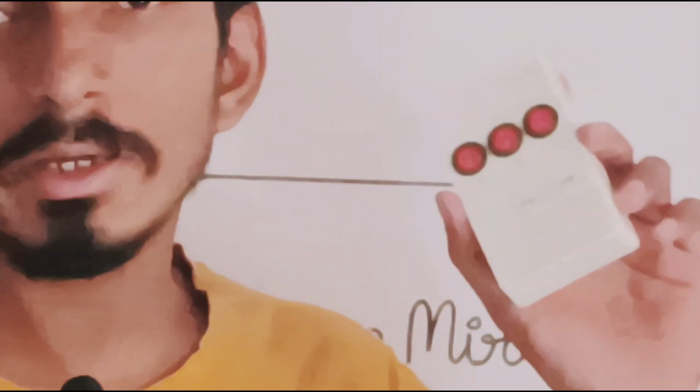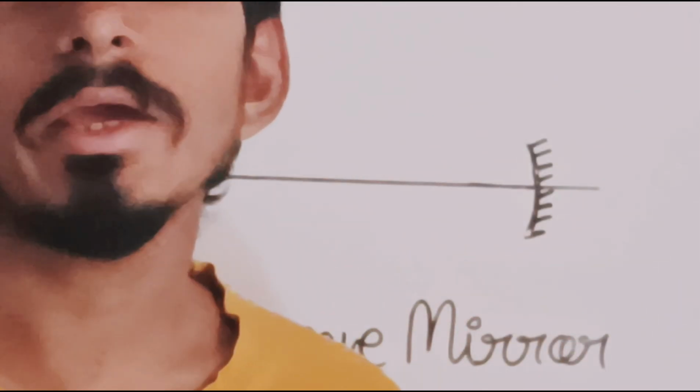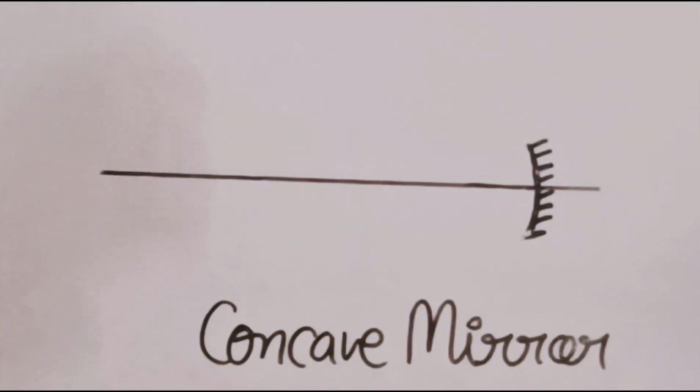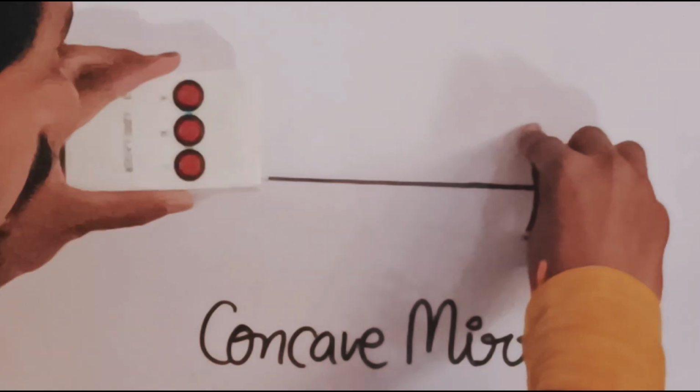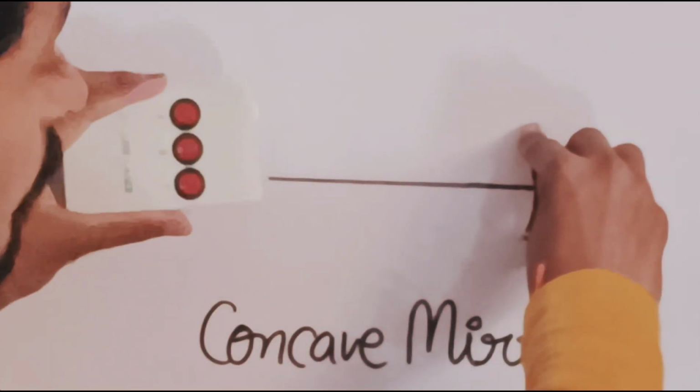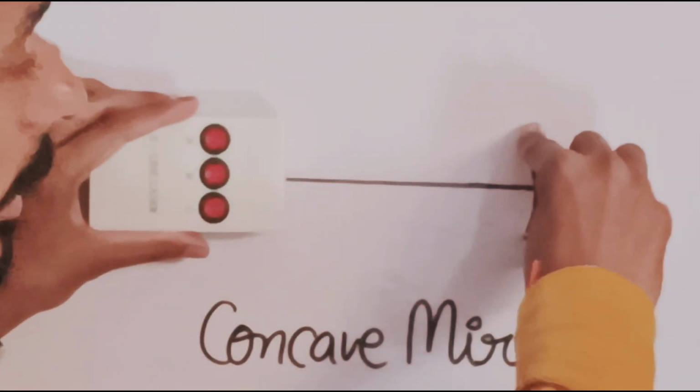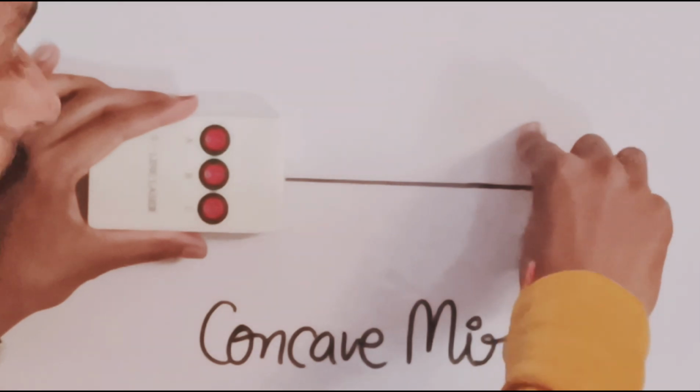First of all, we take a laser light and a concave mirror. Now we arrange our concave mirror like this and we arrange our laser light in such a way that when we strike the light ray, it is parallel to the principal axis.